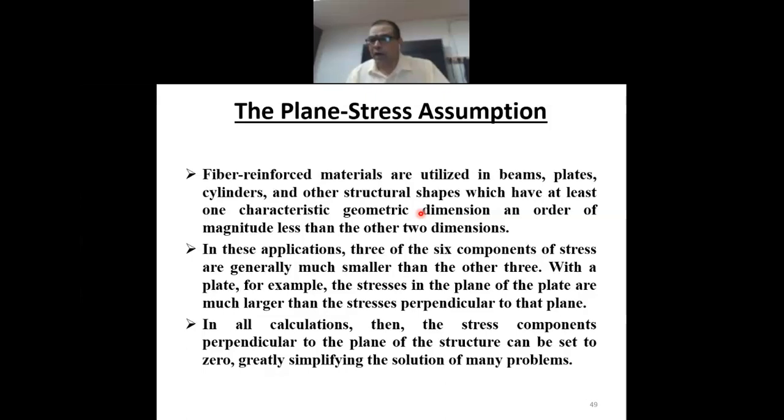In a similar fashion, structures can also be treated as one-dimensional, 2D, or 3D structures. That means if any one dimension in any one direction is negligible, we can reduce the complexity in the computation. So we are moving from 3D to 2D.